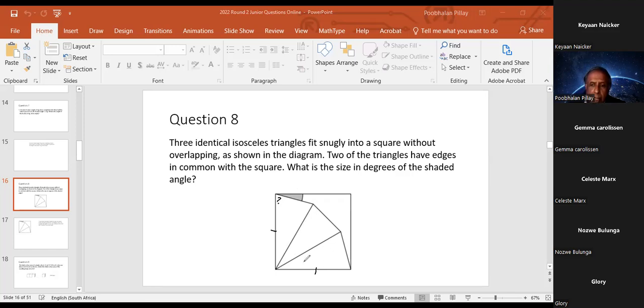So they're identical. So these angles will be the same also, because they are identical, you see. And that would mean that these sides must be equal, like that, as you can see.